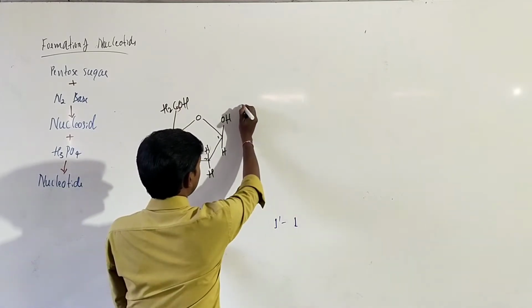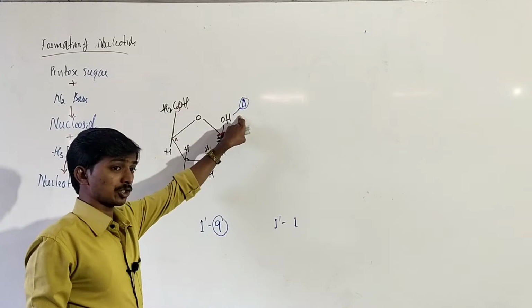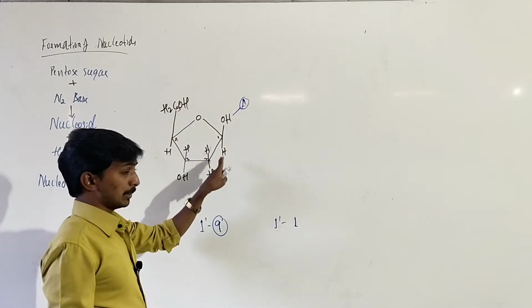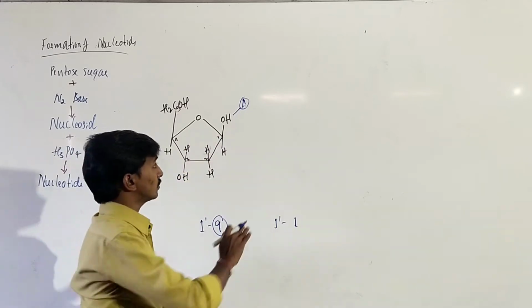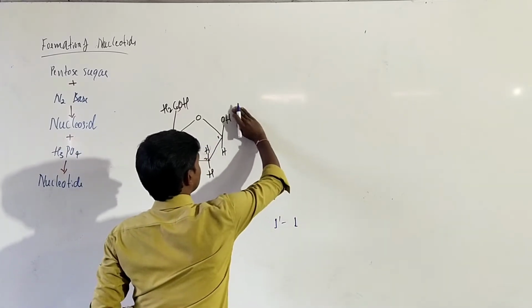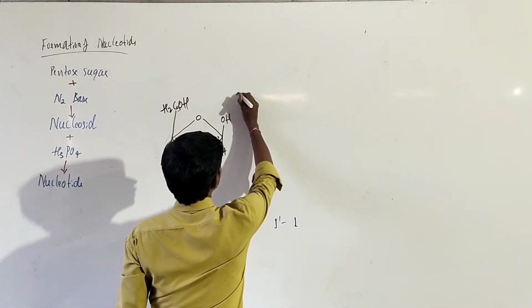So they will bind here. This bond is a glycosidic bond. Pentose sugar, nitrogen base, but we'll draw the structure of adenine for understanding purposes, then it's easy to understand.